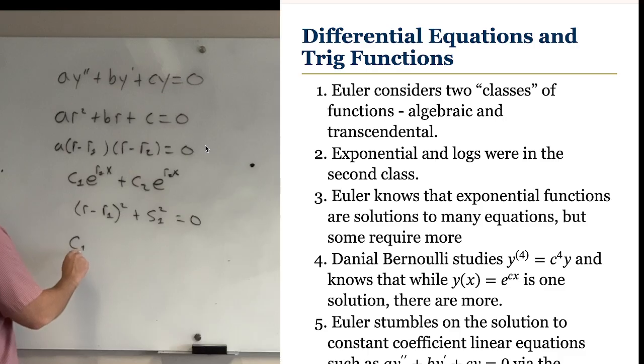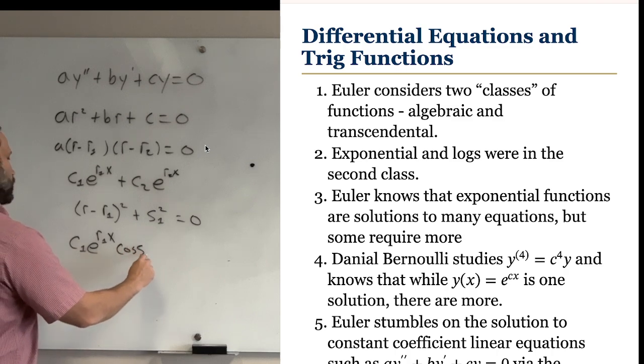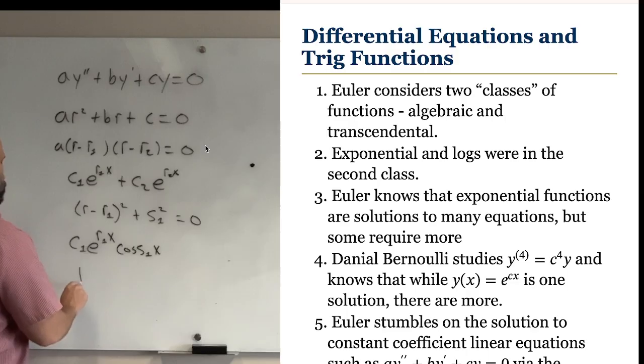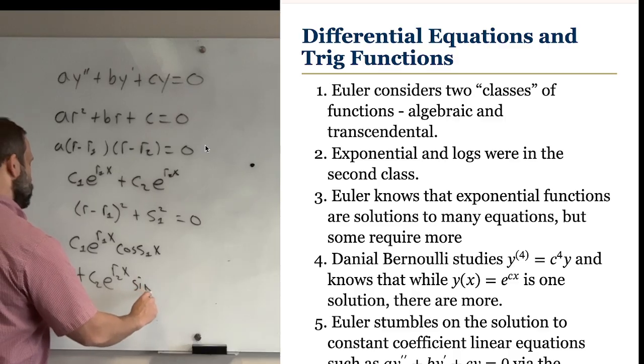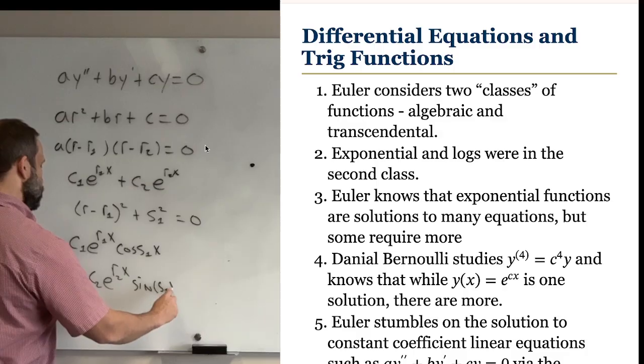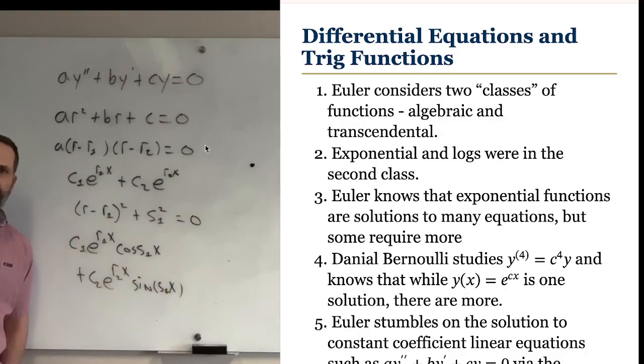It's going to be C1 e to the r1 x cosine s1 x plus C2 e to the r1 x sine s1 x. And I'm not sure at this point if he knew what would happen if we have a repeated root, if this is (r minus r1) squared.